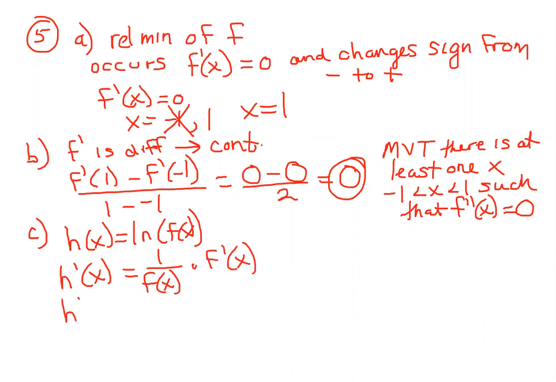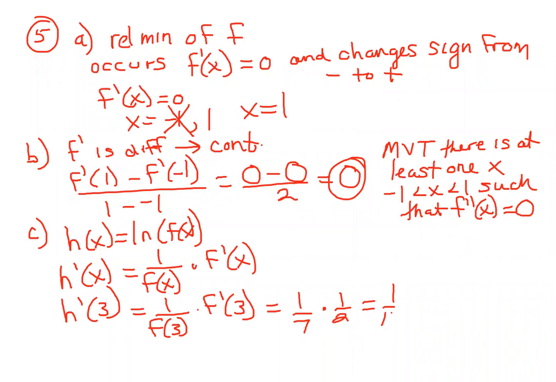So since we're looking for h prime of 3, it's 1 over f of 3 times f prime of 3. So f of 3 is 7, and f prime of 3 is 1/2, so this equals 1/14.